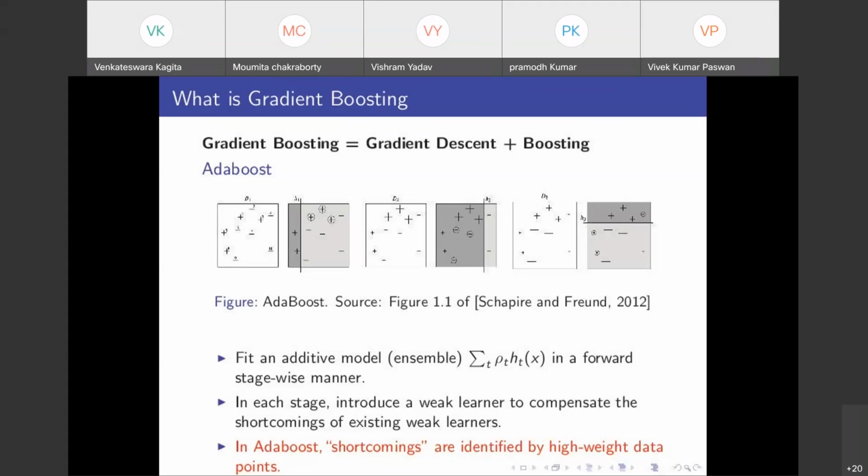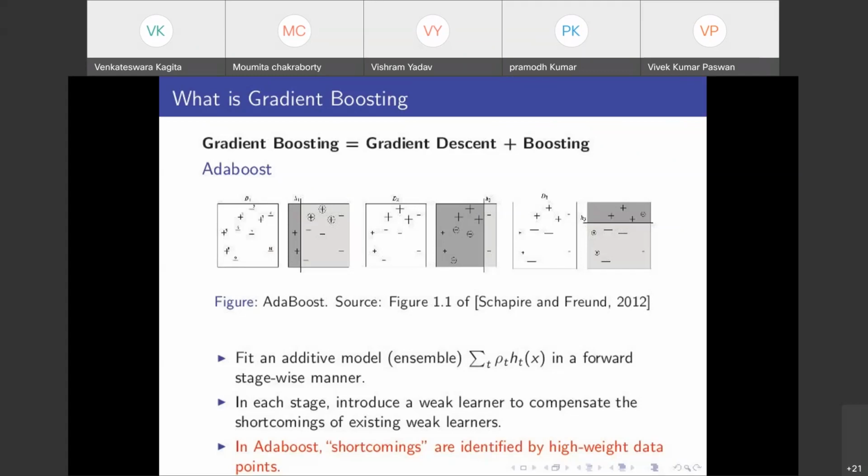Once we represent the shortcomings with the high weighted data, we learn a new hypothesis which represents the shortcomings of the existing weak learners. So in each stage, we introduce a weak learner to compensate for the shortcomings of existing weak learners. In the AdaBoost technique, the shortcomings are identified by high weighted data points.